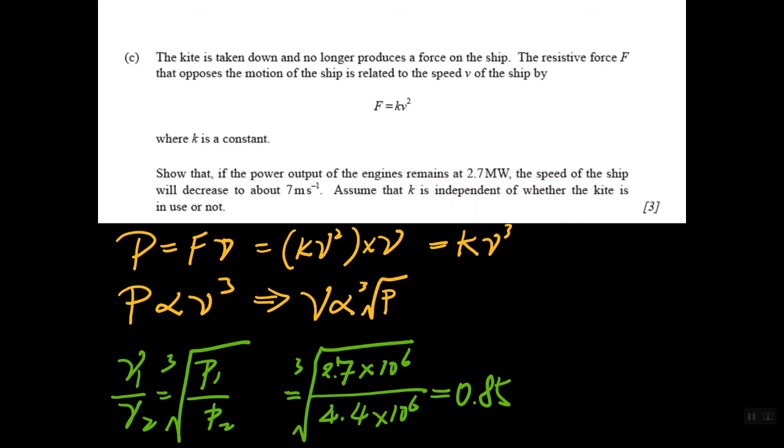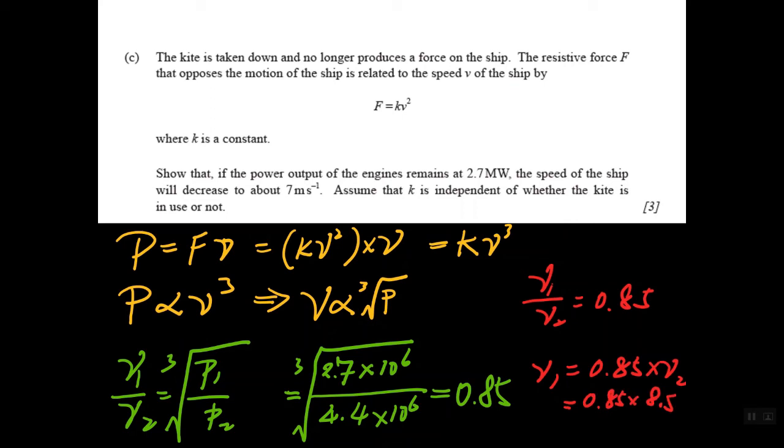P2 is 4.4 times 10 to 6. We found this in the previous slide. That gives us 0.85. So V1 over V2 equals 0.85. And we know V2, velocity 2, is 8.5. And the final result is 7.2 meters per second.